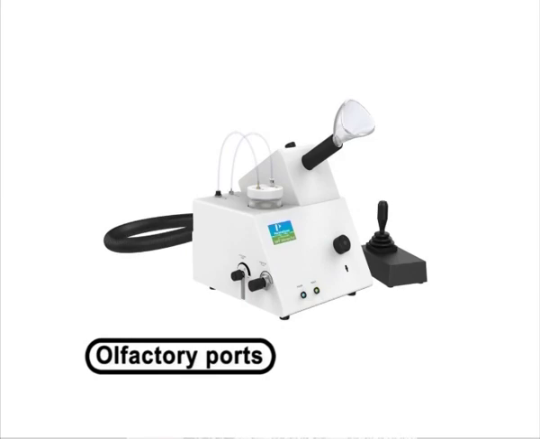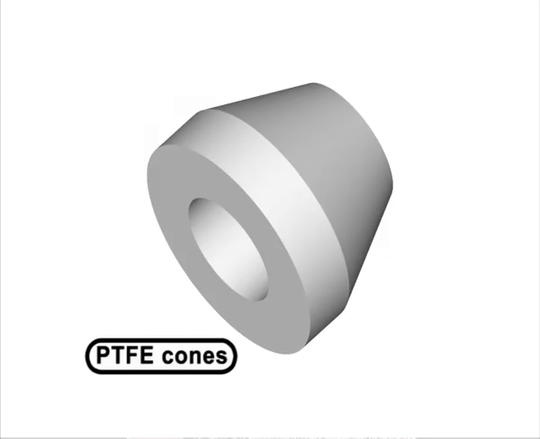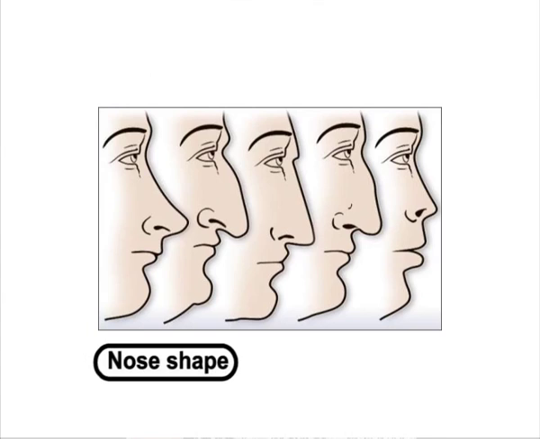The commercially available olfactory ports are glass or PTFE cones fitting the nose shape. The eluate is delivered through a dedicated transfer line which is heated to avoid the condensation of semi-volatile analytes.